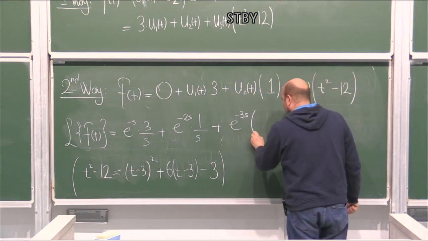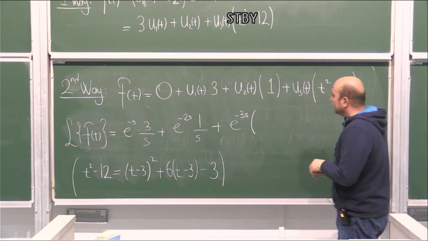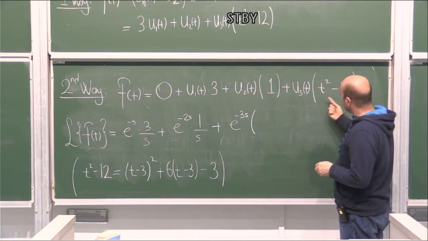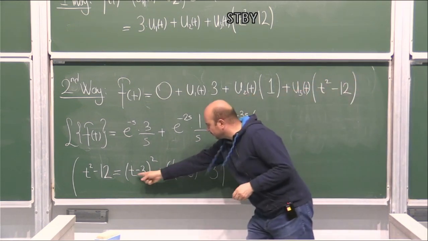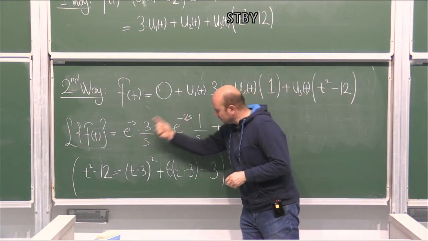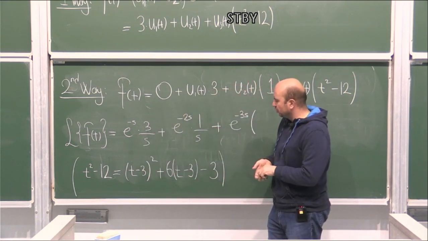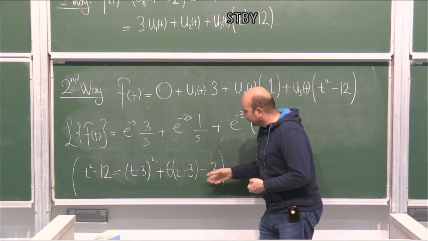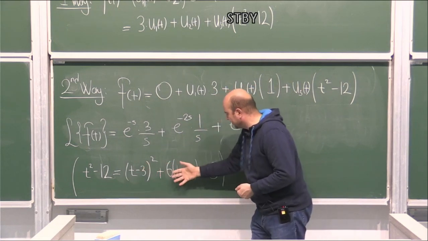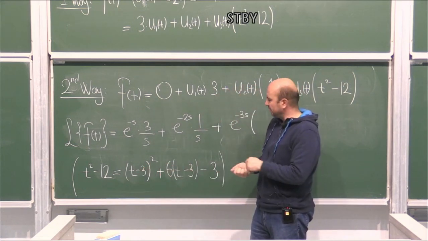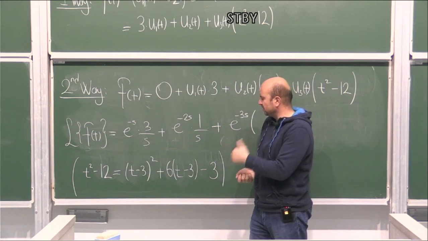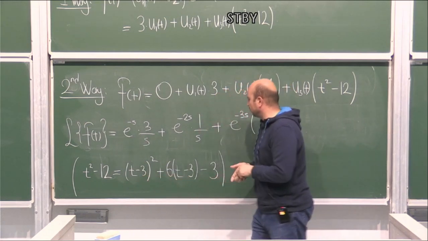But remember, when you are going to write its inverse, you should not think of the shifted version, but just the original version. So what is the original version to get this expression? Of course, you must have t squared plus 6t minus 3. And then in the t, if you replace all the t's with t minus 3's, you get this expression.